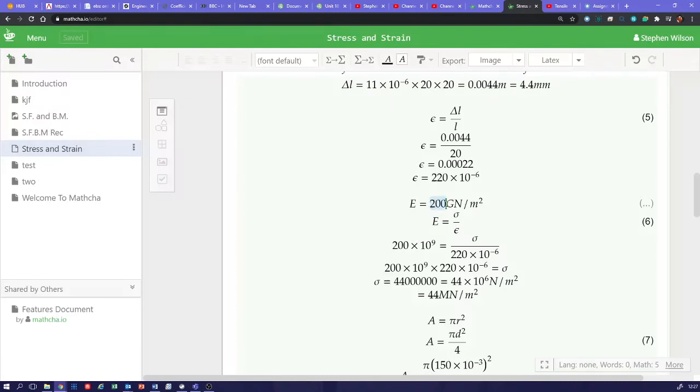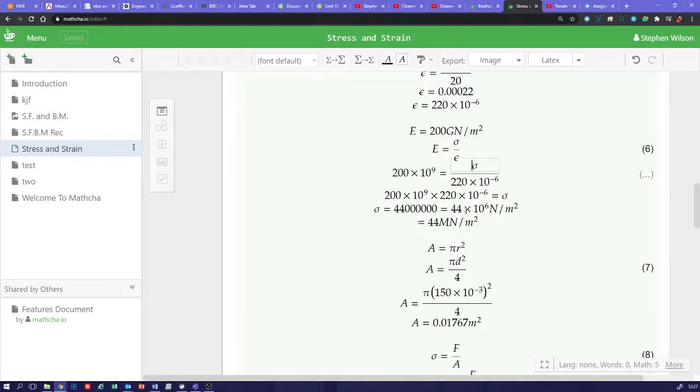Okay, so we know our Young's modulus, and we know our strain, and so we know that Young's modulus is stress over strain. So again, I'm just putting the numbers in here. Young's modulus, strain that we just calculated, rearrange our formula, and then that gives us an answer here. Okay, so 44 times 10 to the 6 newtons per meter squared, or 44 meganewtons would be an easier way to write that.